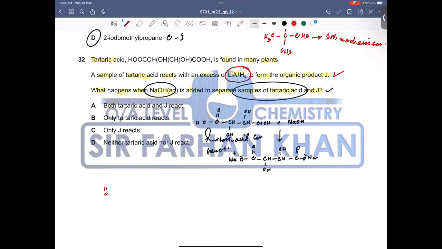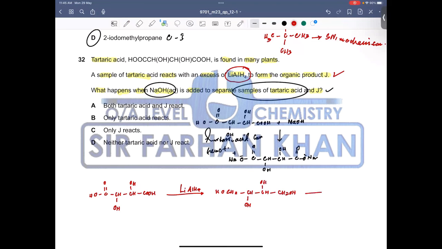So this is your COOH, CHOH, CHOH, and this is your COOH. If I use lithium aluminum hydride, obviously it will turn to primary alcohol, that is CH2OH, then CHOH, then CHOH, and then CH2OH.